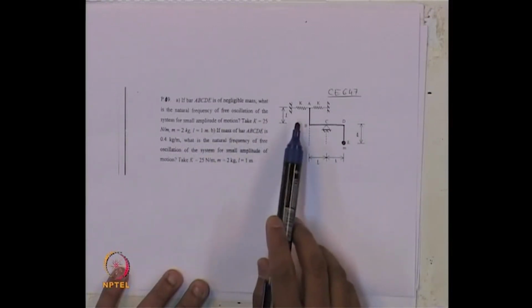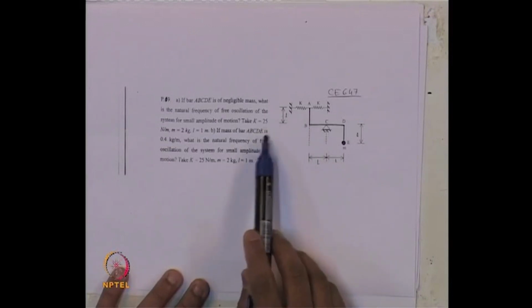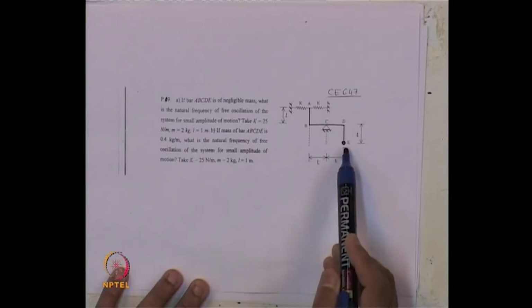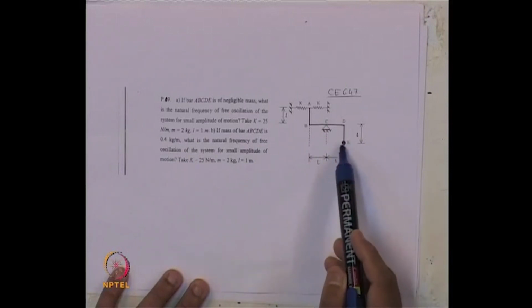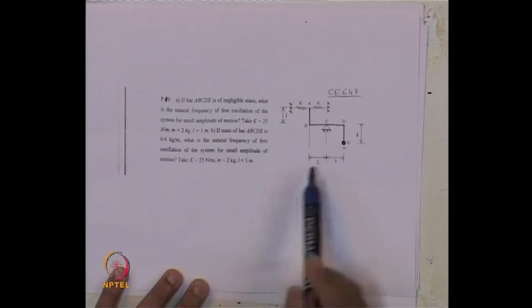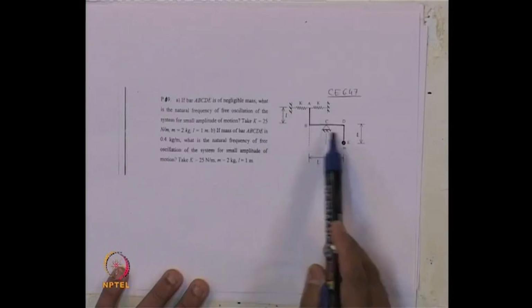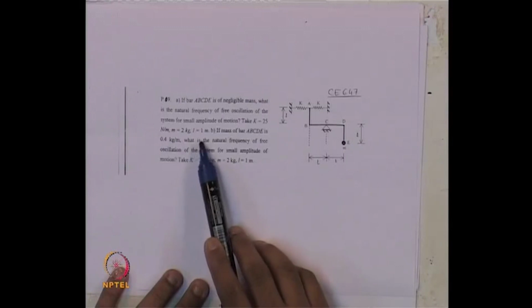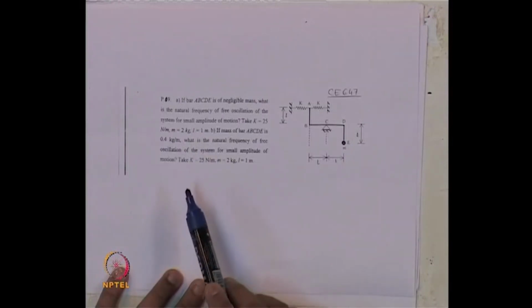And it is mentioned that take the value of k as 25 Newton per meter, mass of this bob, that is concentrated mass at this end E, is 2 kg, and length of each arm for this bent rod is given as 1 meter. So, that is the first part of the problem.